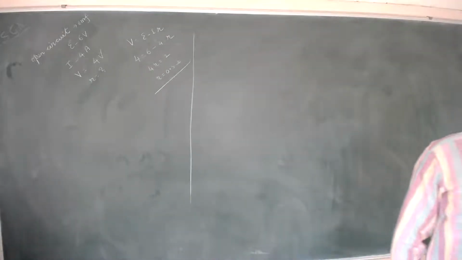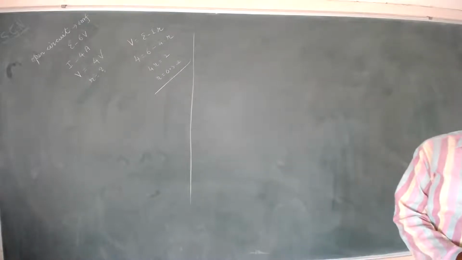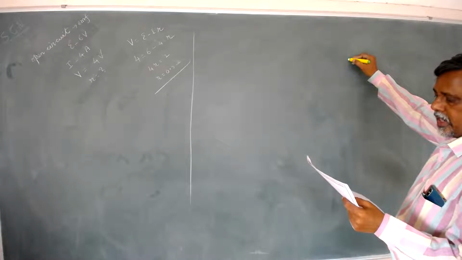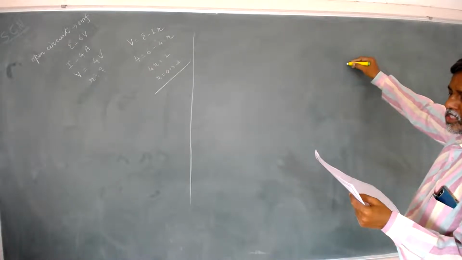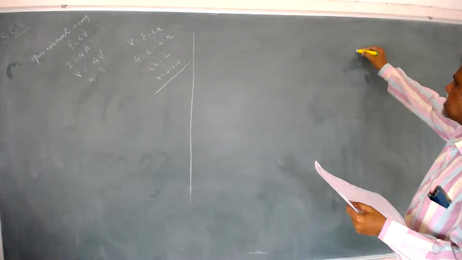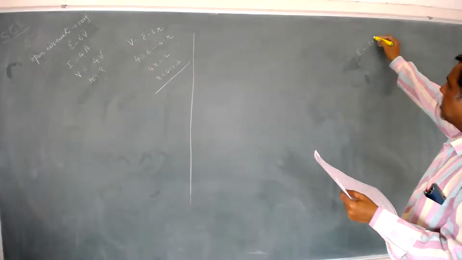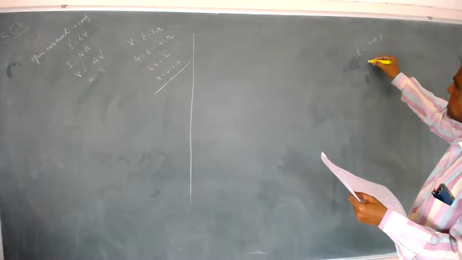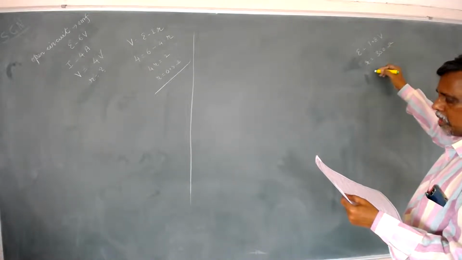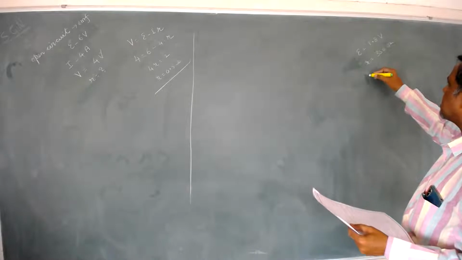So a secondary cell after a long use has an EMF of 1.8 volt. Epsilon has been given, and internal resistance is small r. What maximum current?